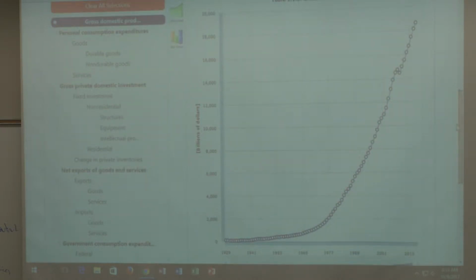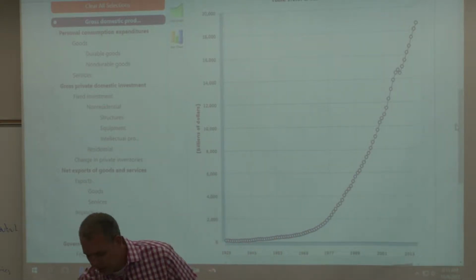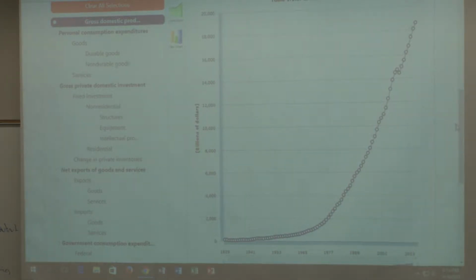So here is, in essence, what GDP has looked like. Now, interestingly enough, you can see that this is essentially straight up all the time, because that's what nominal GDP does. Sometimes, even when output is declining, prices are still increasing enough to make up for that decline in output, so nominal GDP is increasing.